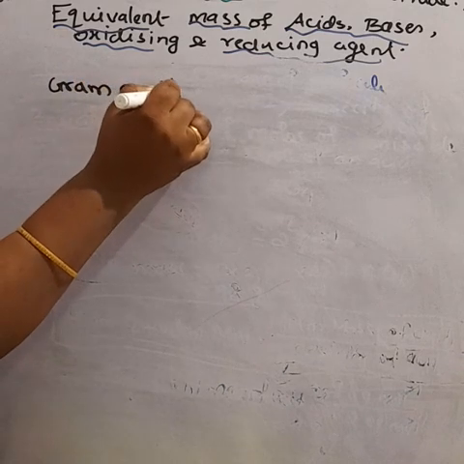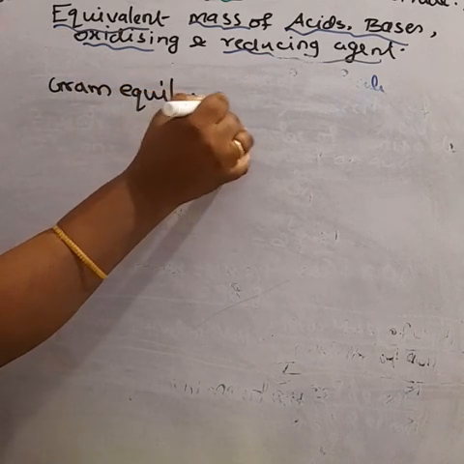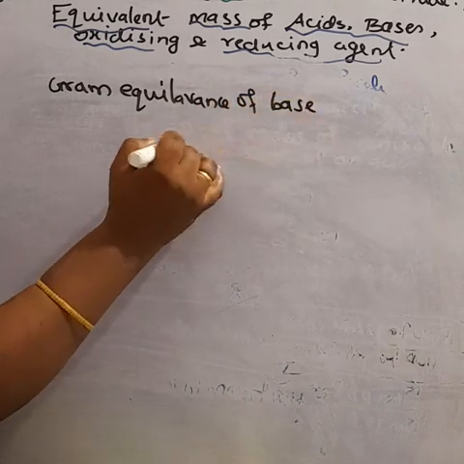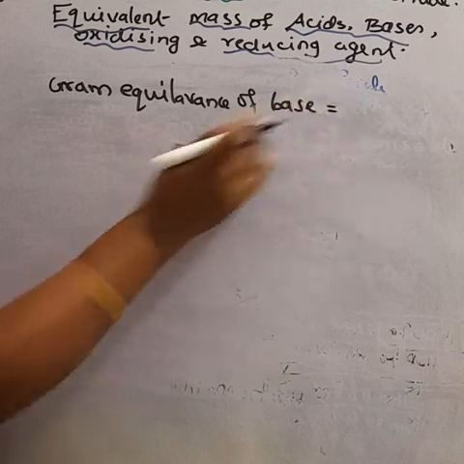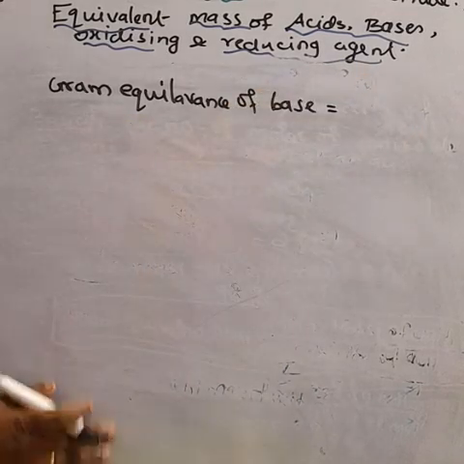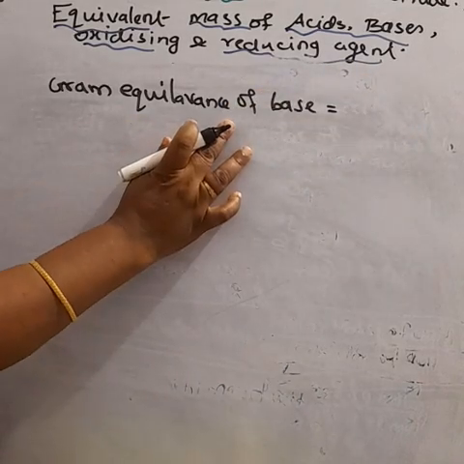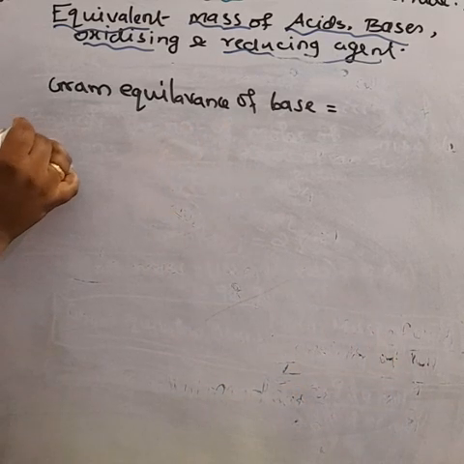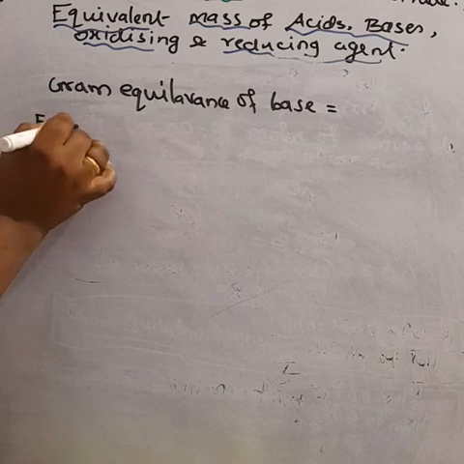Understood? So what is the equivalent factor here? We are going to calculate the gram equivalent mass of bases. Here equivalent factor means acidity of bases, that is small n.